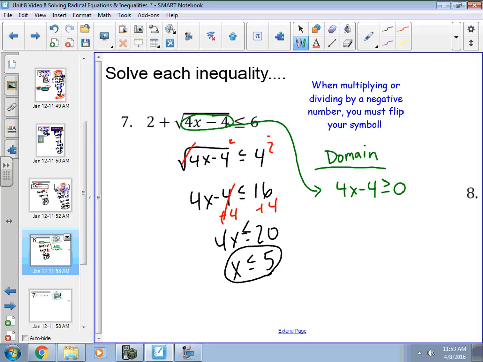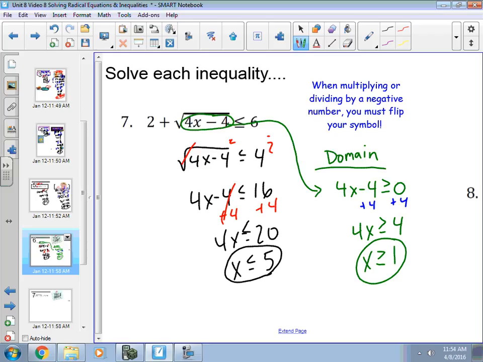So if we solve this out, add 4, divide by 4, it looks like in order for you to actually get an answer from that equation, we need to make sure x stays bigger than or equal to 1. As long as x is 1 or bigger, we can actually solve this. If it's smaller than 1, you can't even solve that equation.